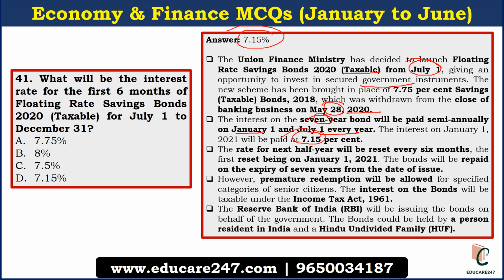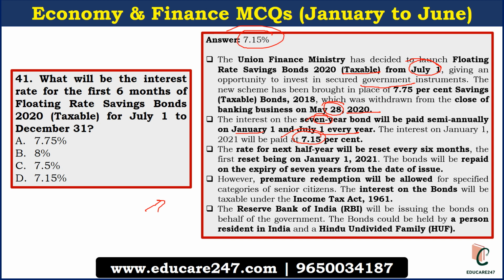The rate for the next half year will be reset after every 6th month. So after every 6th month, the new rate will be decided. And why has the government launched a new bond? Because RBI has reduced the repo rate. So basically the rate has been changed. The government will be at a loss if they pay the high interest rate. That's why they have come up with the floating rate saving bond.